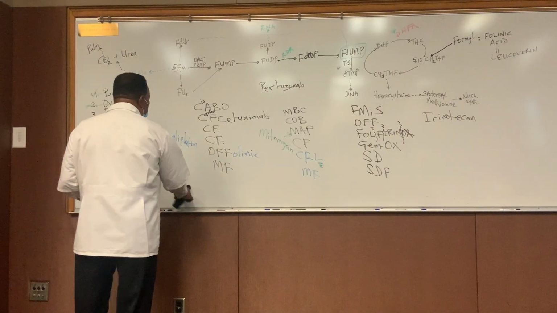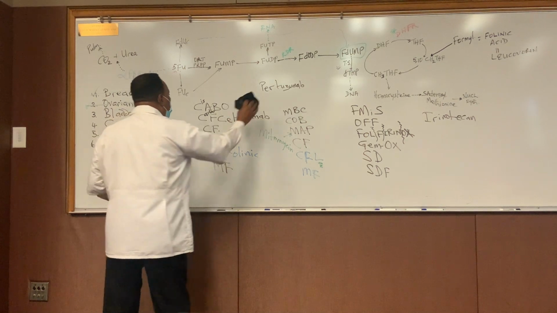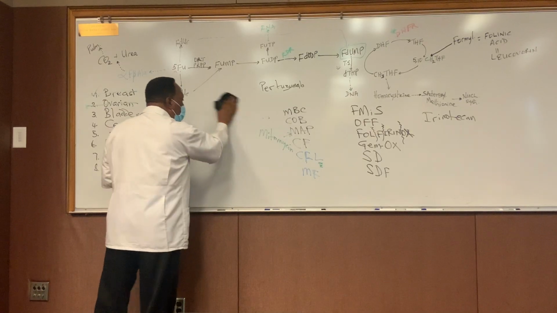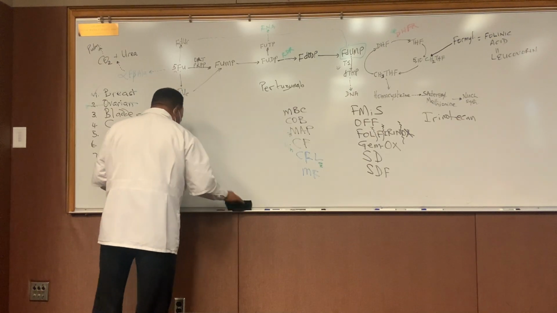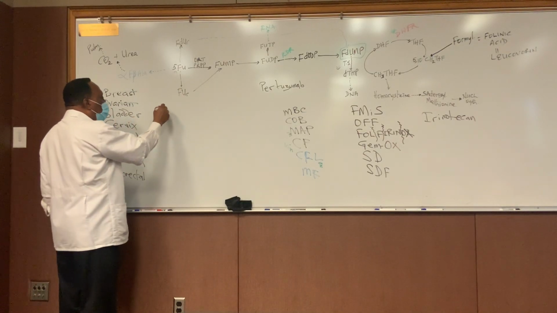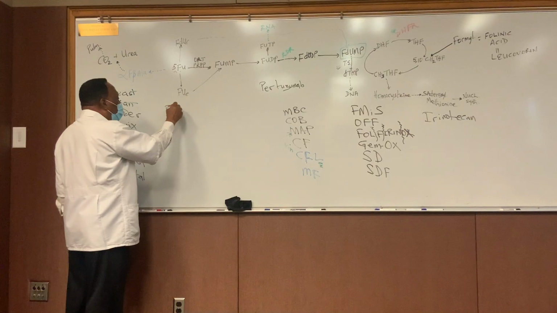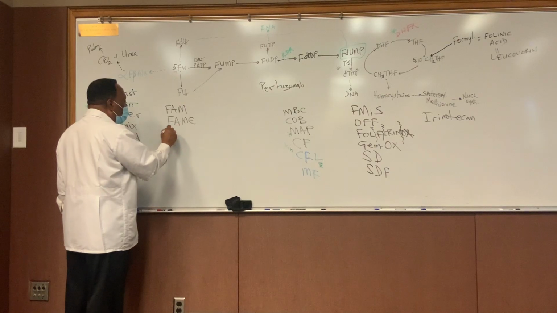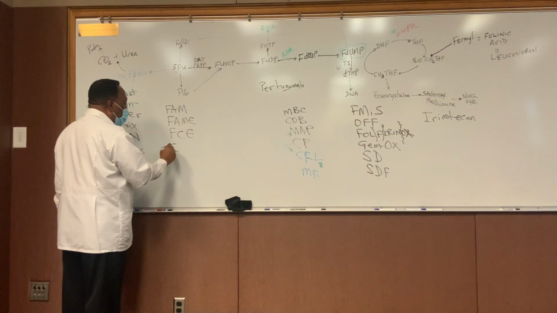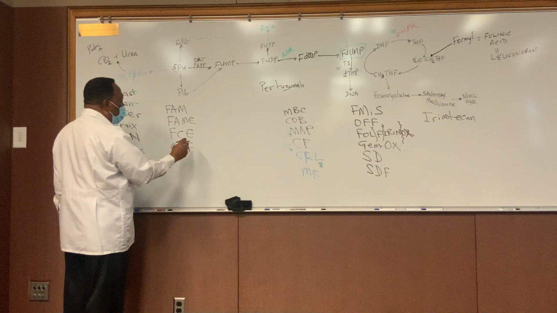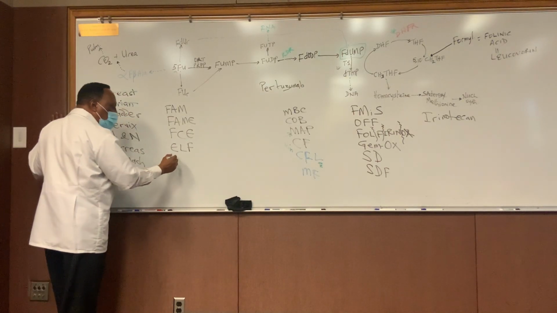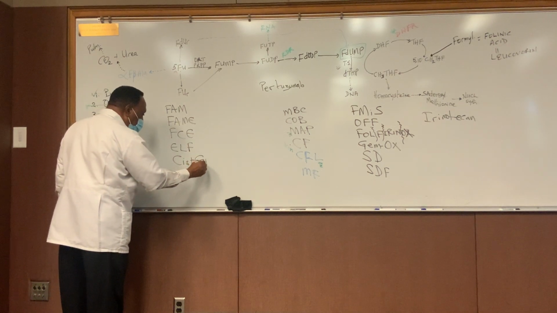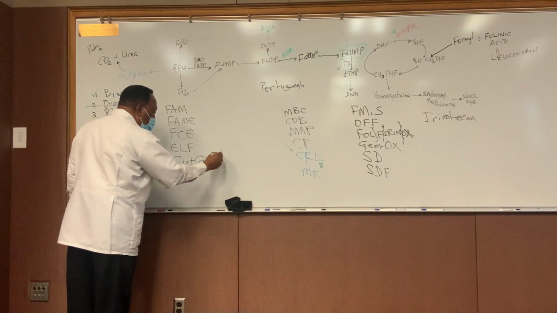For stomach cancer, let's see. For stomach cancer, we often talk about FAM and FAME. Face, and then ELF. All of those can be used, or you can combine cisplatin with capecitabine with trastuzumab.